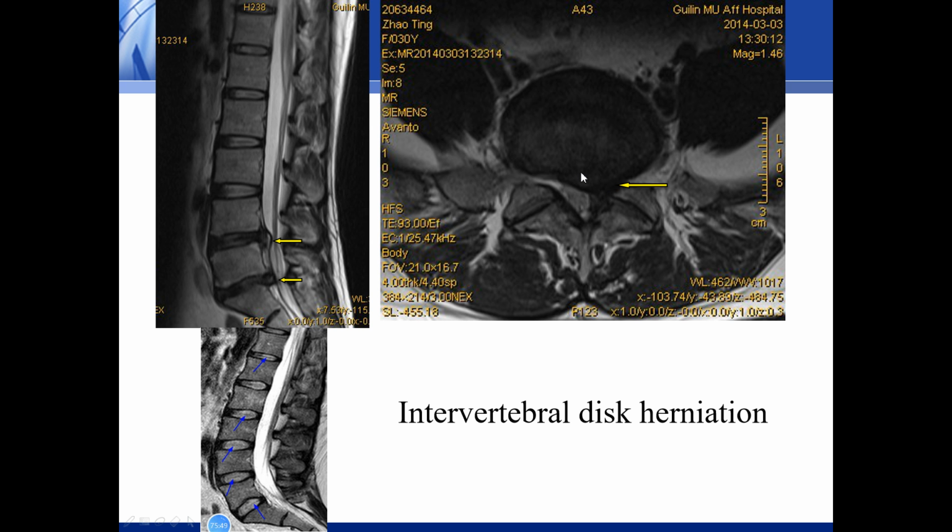The central nucleus compresses the nerve root here. Here is the nerve root, and here the central nucleus compresses the nerve root. And here is the normal. Here is the lesion. So MRI is very clear in showing the tissues.